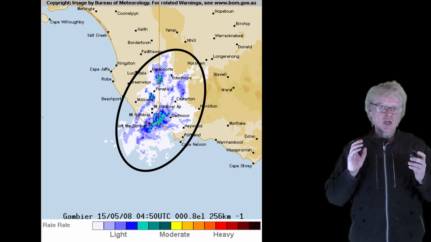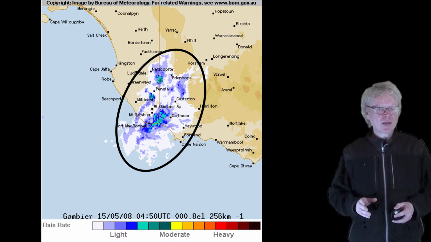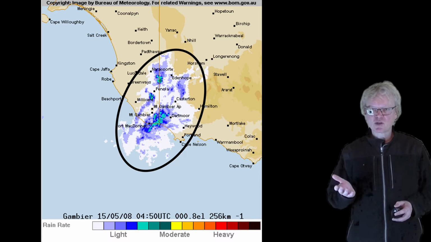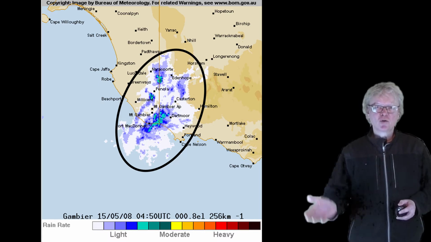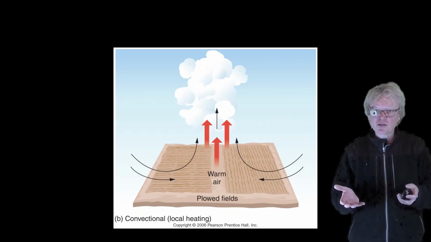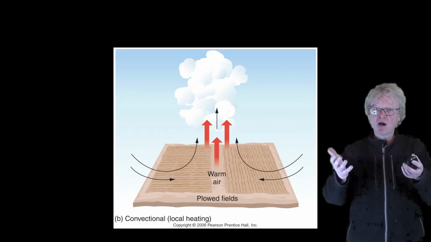All right, so with that in mind, let's see what happens when we raise a parcel of air through the atmosphere. But before we do that, what does he mean when he says air parcels rise? How can air rise? Well, we had one look at it earlier on when we looked at sea breezes, and we said as the surface is heated by the sun, that heats the air close to the Earth's surface and forces it to rise.